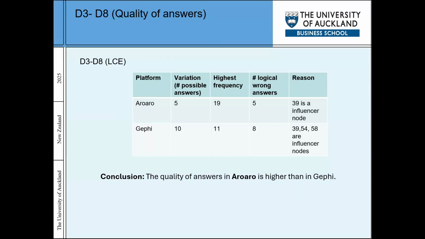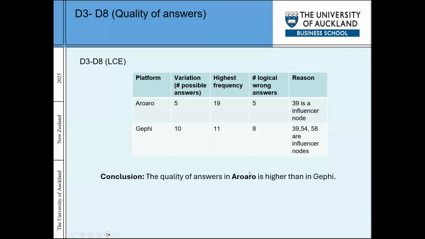Sorry? The VR platform has a higher cognitive load because of the wrong answers they have given. For example, for this one, the number of logically wrong answers on RORO is 5, and on this particular question, there are 8. So considering all of these parameters, we concluded that for question number 3, the quality of answers in RORO is higher than GEFI, which may not be true for all answers.